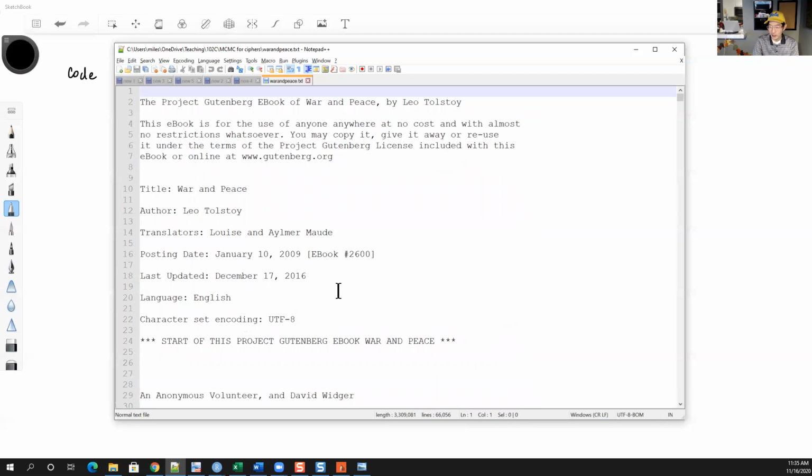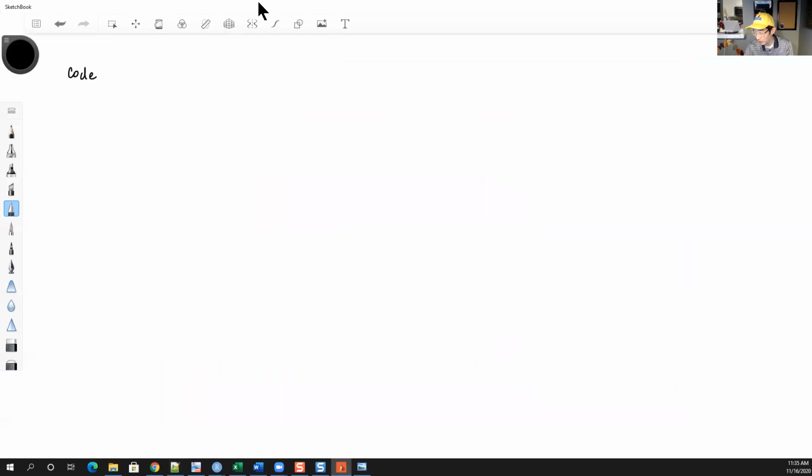What we're going to do is go through every single line in this big chunk of text. The code will read each line in a big chunk of text. And we could debate whether or not the English translation of War and Peace is a good model of the English language.